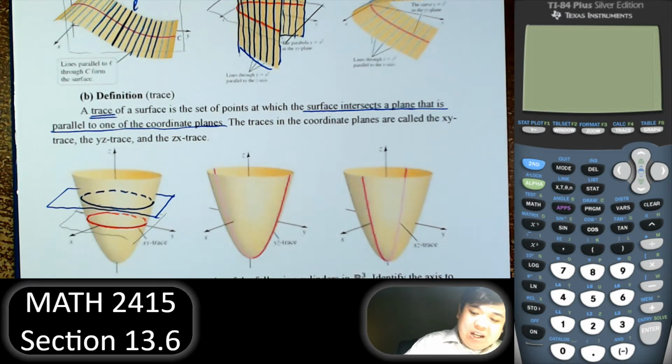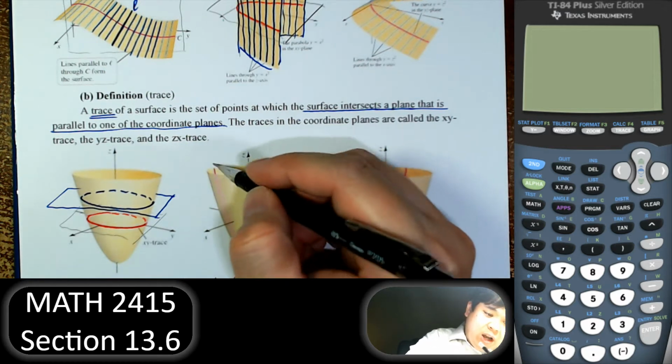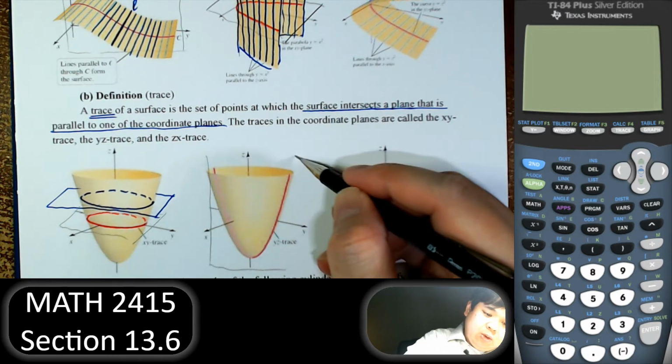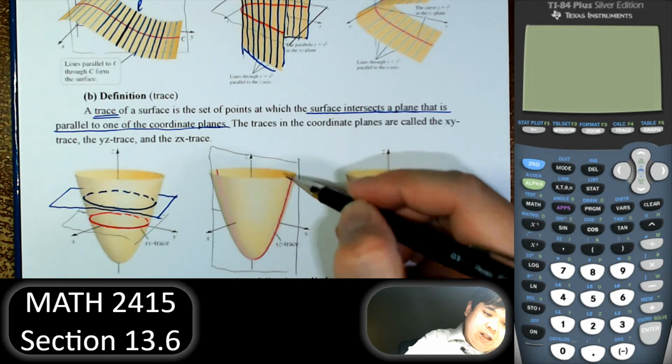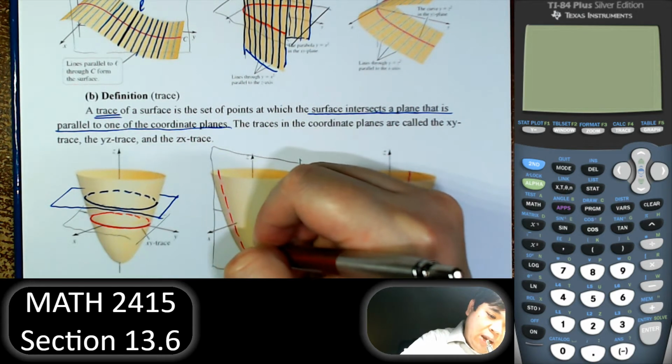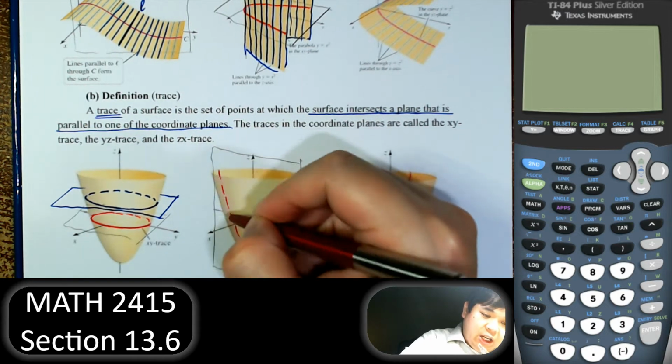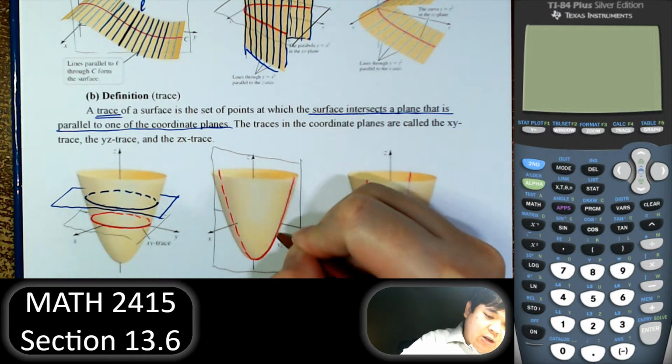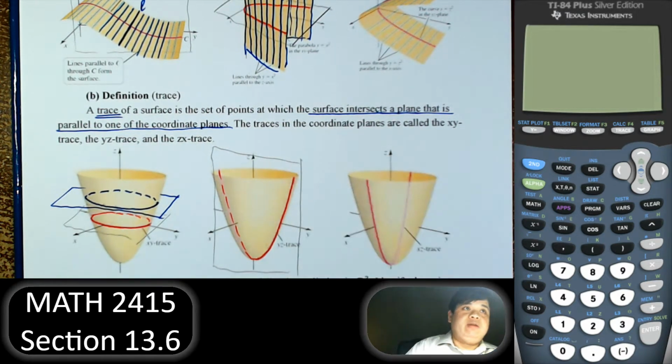Here we have the YZ trace because that is on the YZ plane. So we draw a YZ plane. Usually if it is behind the surface, we draw it in a dashed pattern. The solid will be in front of the surface.